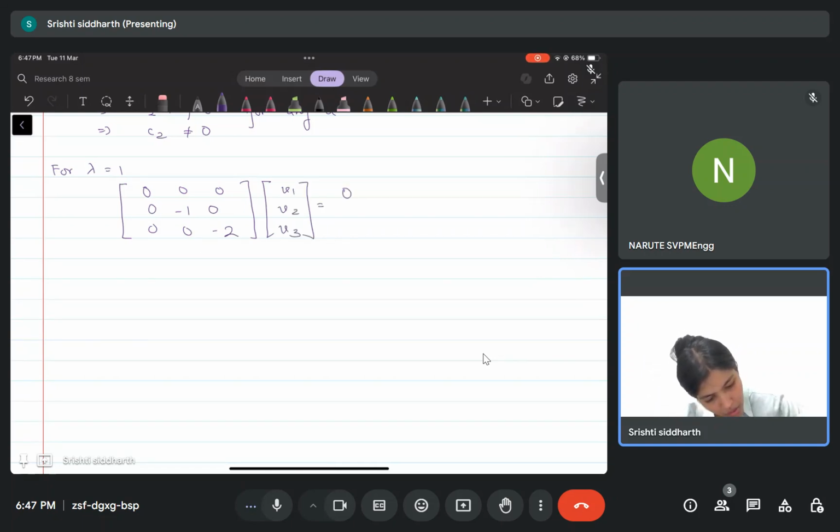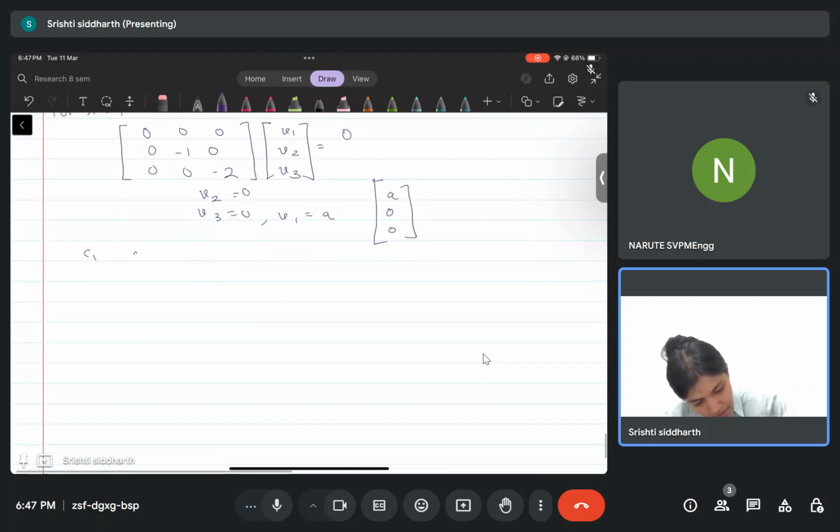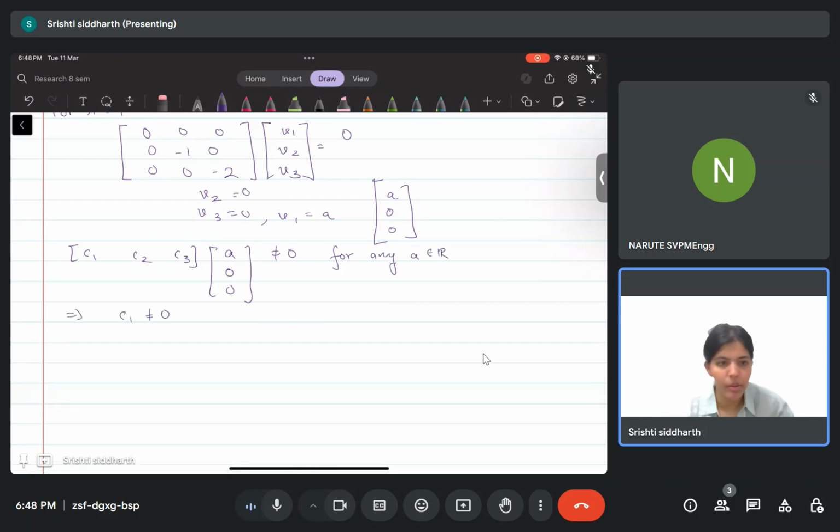So we have V2 equals 0, V3 equals 0, and V1 can be any scalar. So we have a, 0, 0. We want this to be non-zero for any real number a, which simply implies that C1 should be non-zero.